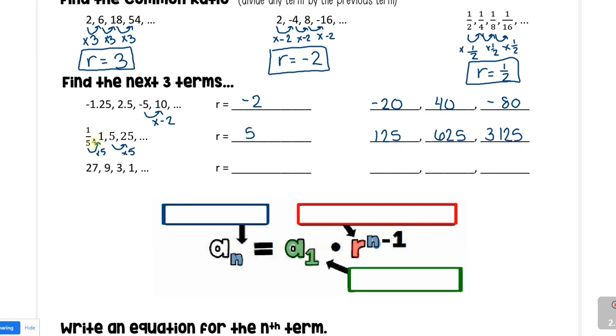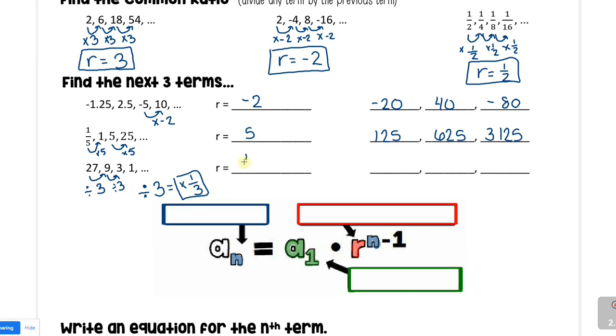The last one here, 27 to 9. To go from 27 to 9, you are dividing by 3. 9 to 3, dividing by 3. But our common ratio, we need to remember, is written as multiplication. So dividing by 3 is equal to multiplying by 1/3.